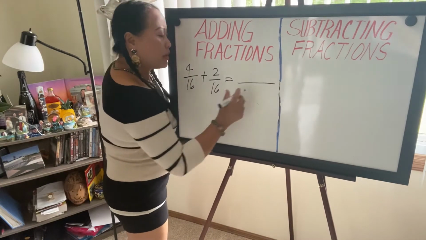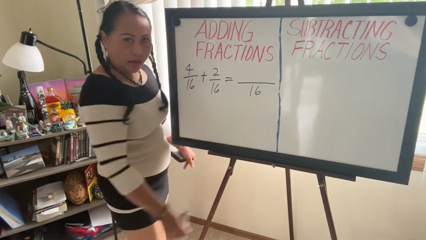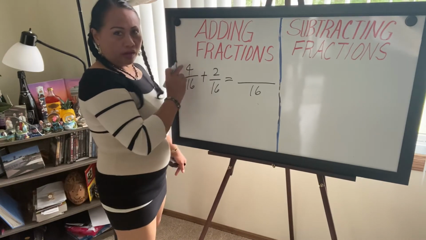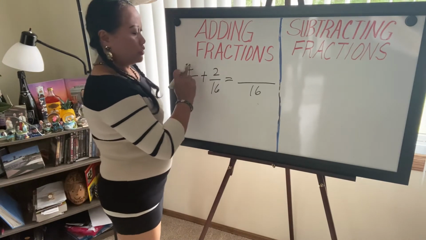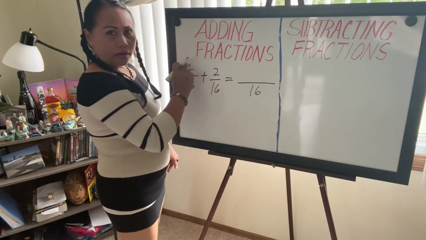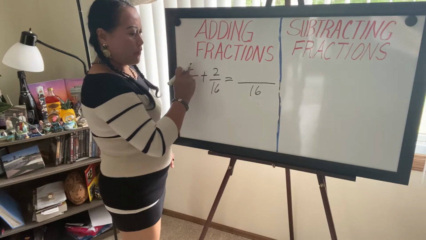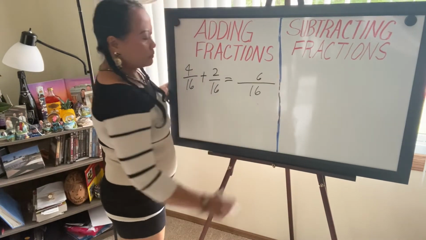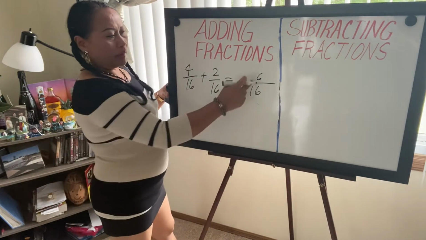Bring down the denominator here because they are the same. And add the numerators. So you just simply directly add both numerators. 4 plus 2 equals 6.